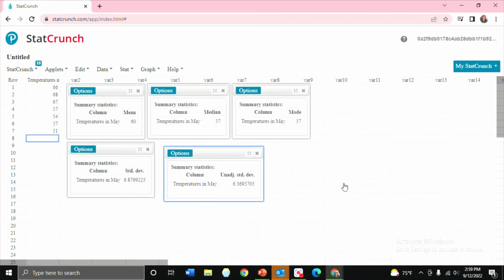So that is how you would find all of these different measures of central tendency and variance in StatCrunch. And like Nick said, it's really good to know how to do these things by hand because it really helps us understand what they mean and where they're coming from. Like when we do the mean by hand, we can see that we're just taking an average. And when we think about standard deviation, just looking at that formula is very confusing. But to understand where it's coming from one step at a time, right?